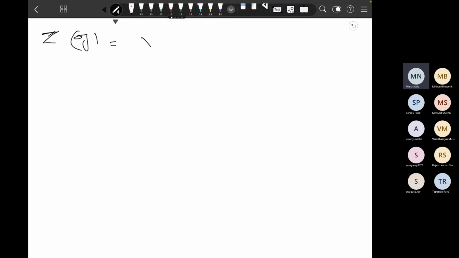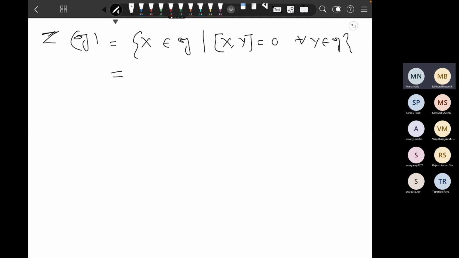It's really x belongs to g, so that [x,y] is equal to 0 for all y belongs to g. And you can define it like that. This is really x belongs to g so that ad x is equal to 0. This is called the center of g.